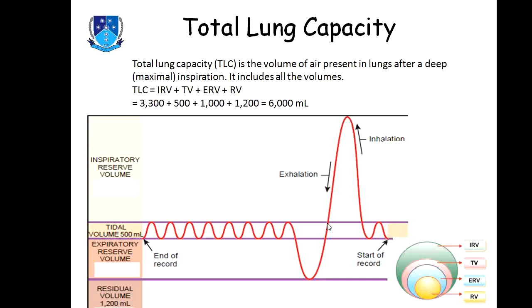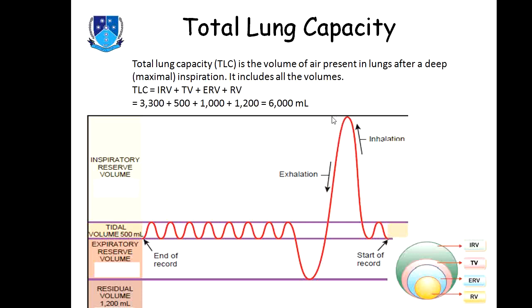Now from this area to this area, this is tidal volume. From this area to this area, this is expiratory reserve volume. And from this point to the last point, this shows the residual volume. This is 1.2 liter.